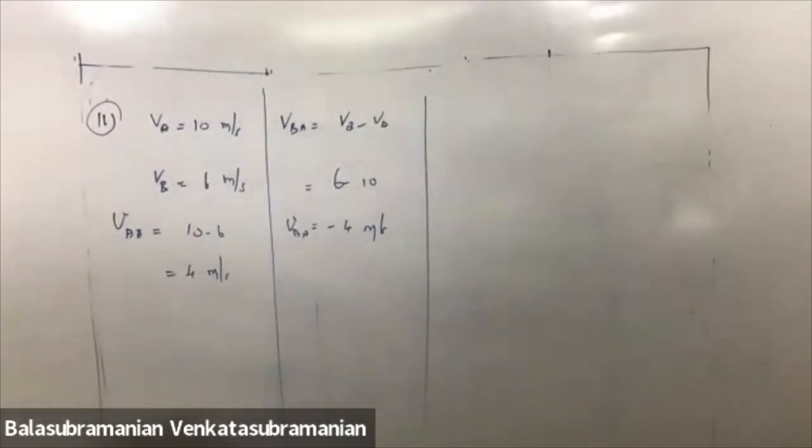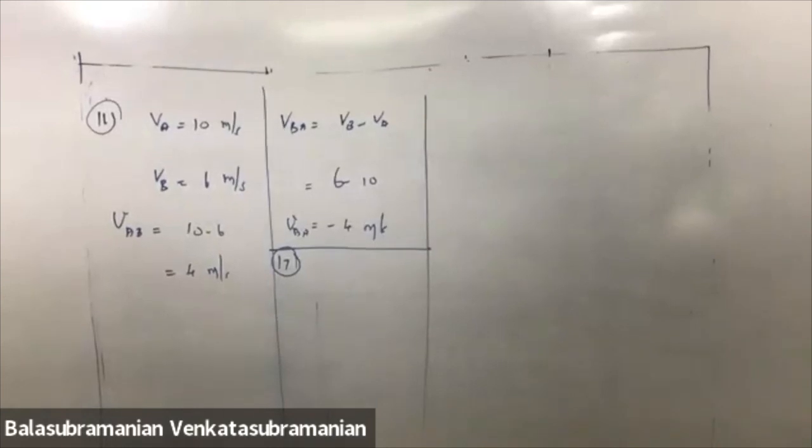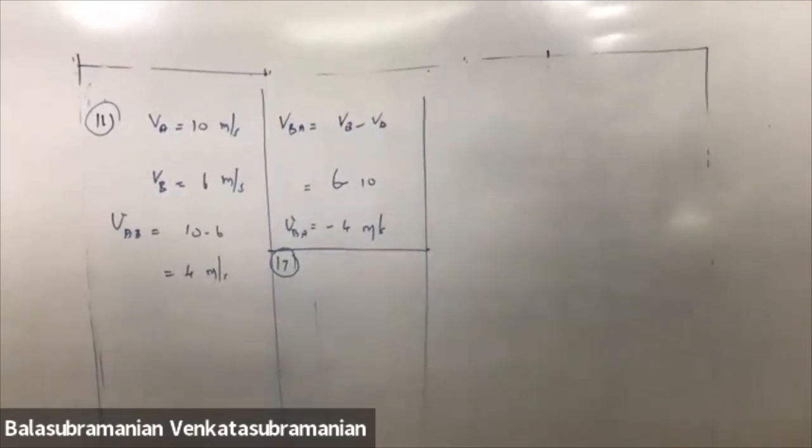Next, 17. A car A is moving with a speed of 60 km per hour and car B is moving with a speed of 75 km per hour along parallel straight paths starting from the same point. What is the position of car A with respect to B after 20 minutes?